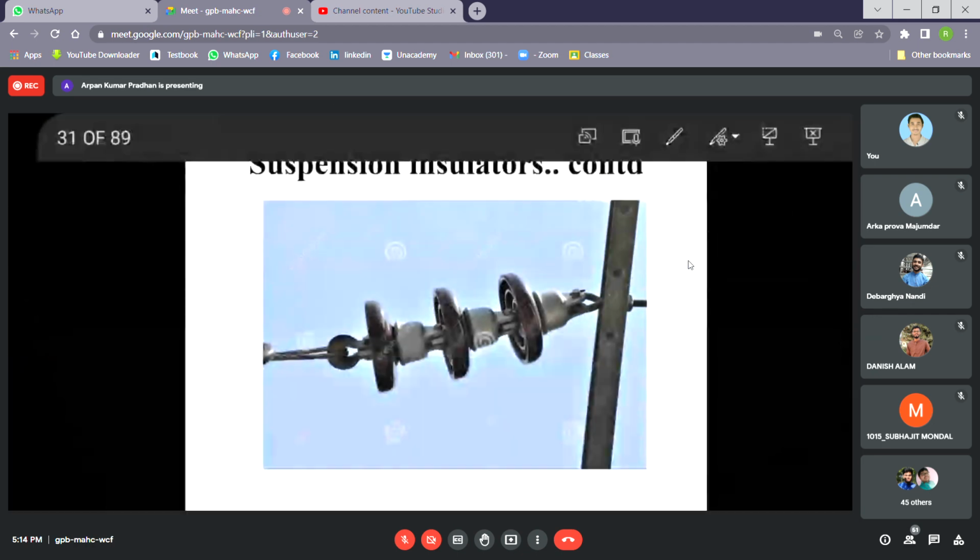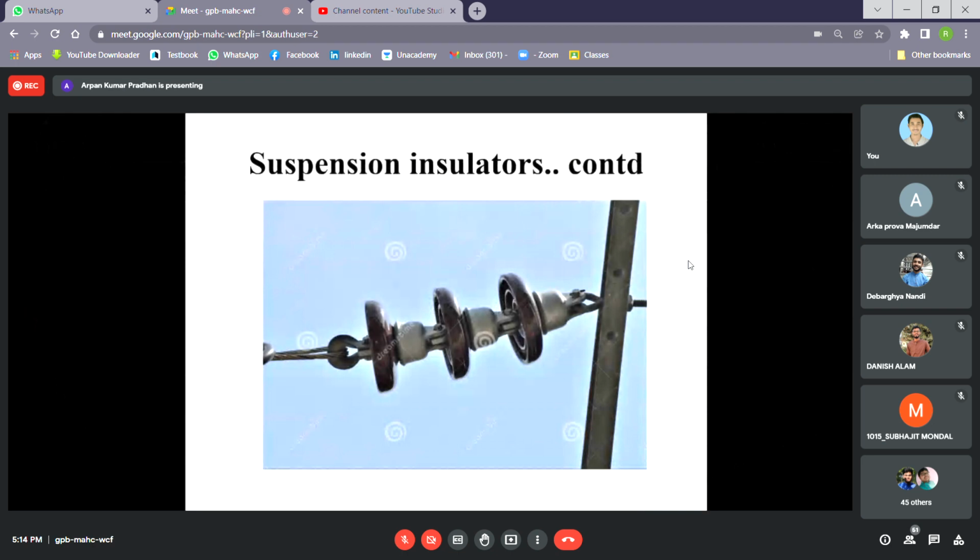This is the actual real figure of the suspension insulator. You can see a number of disc insulators are connected in series.